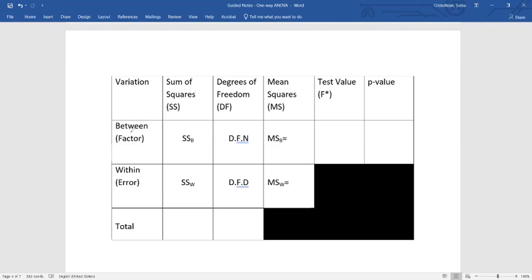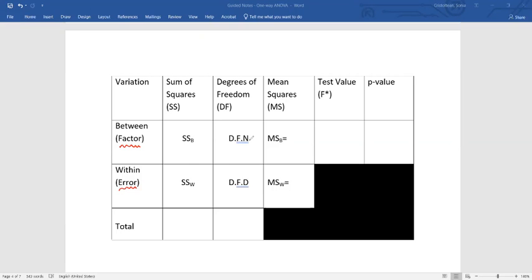Now, variation between is also called the factor, and it is a categorical variable, while variation within is also called the error or the response, and it is a numerical variable. For sum of squares, we have two different types, between and within.